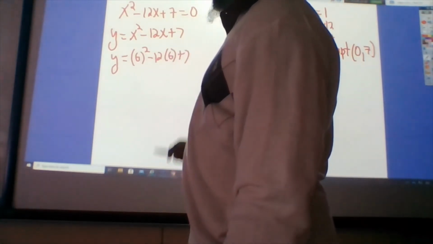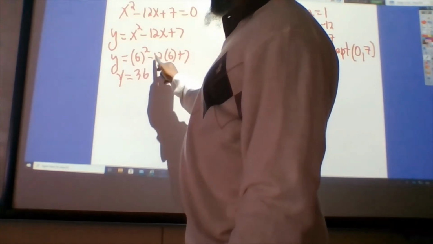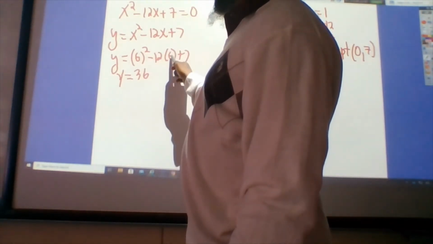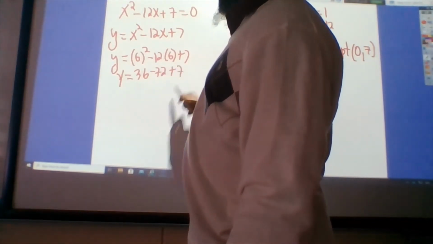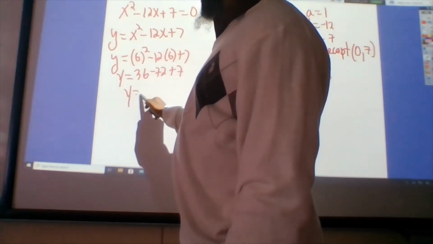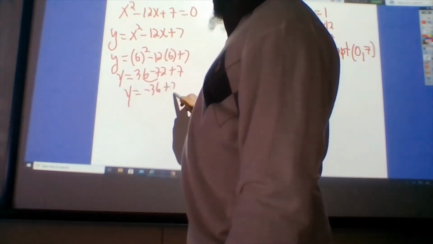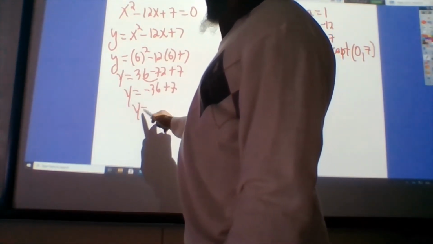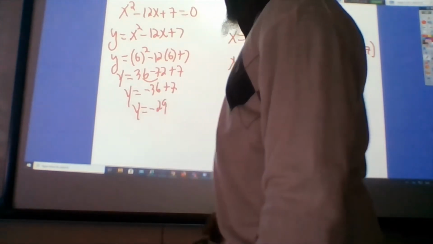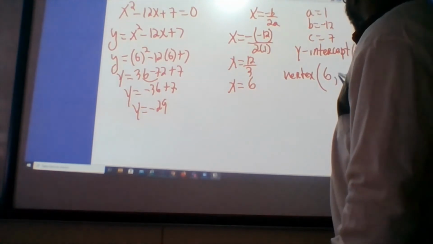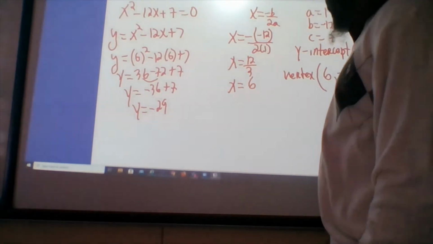So this gives you negative 36 plus 7, which gives me negative 29. That's a huge number. So the y-coordinate of the vertex is negative 29, and the vertex is (6, negative 29).